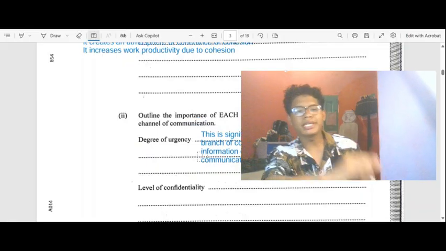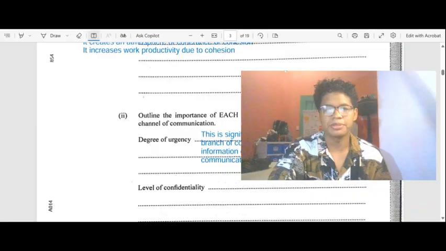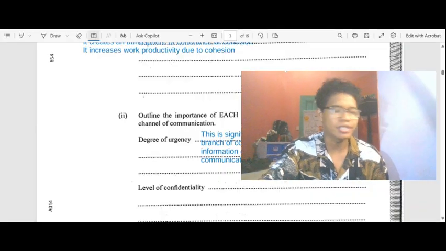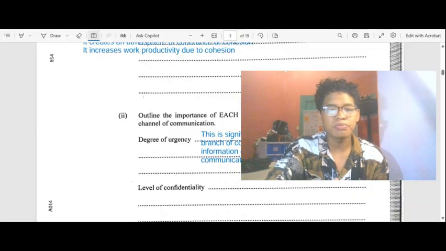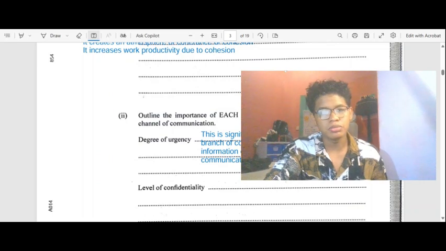So why is the degree of urgency important? To make it simplistic, selecting the branch of communication depends on the urgency.